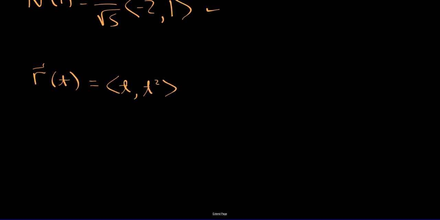Now notice, before I write out what the unit tangent vector is, I could say the unit tangent vector, which I'm going to denote with capital T, is equal to the derivative divided by the magnitude.